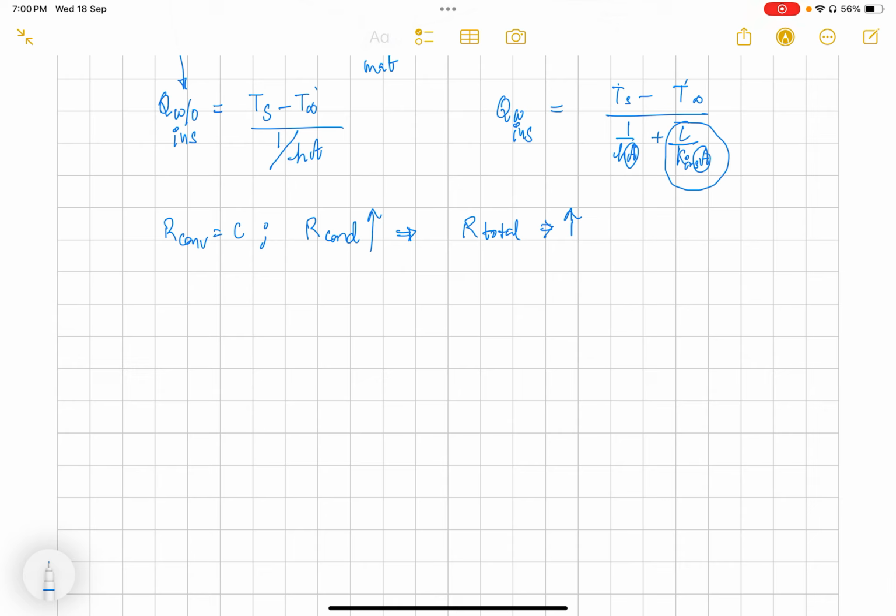So heat loss will decrease. So if we increase the thickness, which is L here, heat transfer will always decrease for the case of plane wall. Mind that. Next we will see about the insulation of hollow cylinder and sphere.